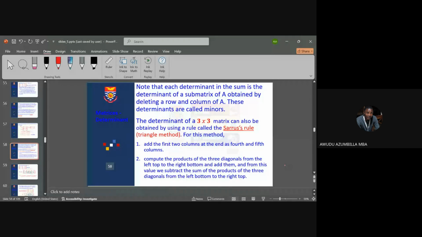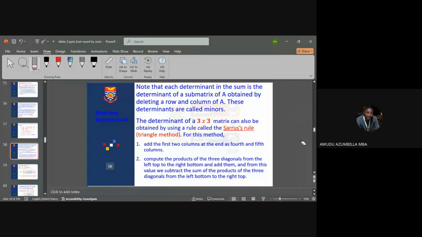So we have the 2 methods, the Laplace method and the Sarrus method. Let's look at the steps for us to find with the 2 methods.